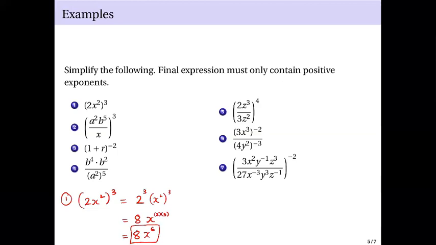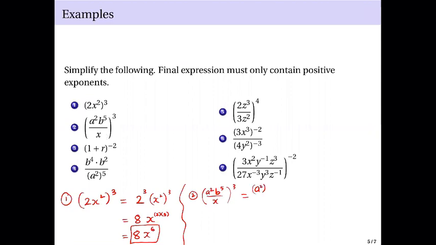Are we good with this? For item number 2, you have here a squared b to the 5 over x raised to 3. So we'll just combine the properties that we discussed. You can distribute this 3 to each factor here.